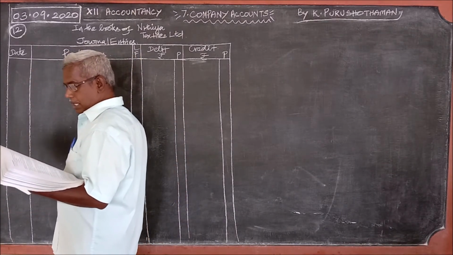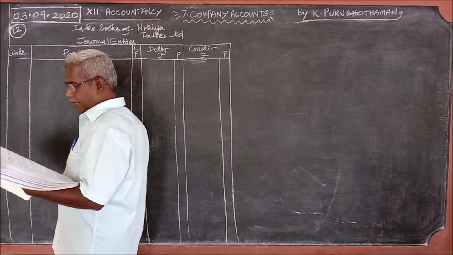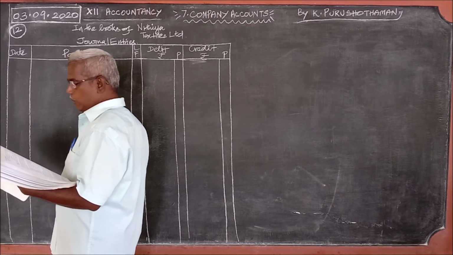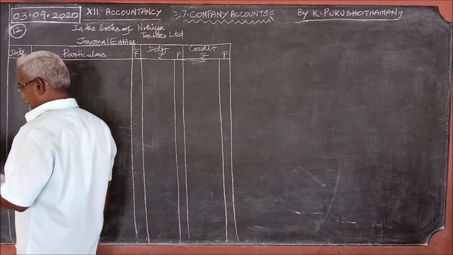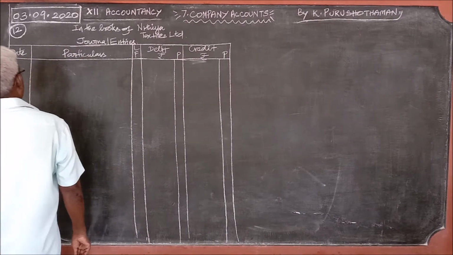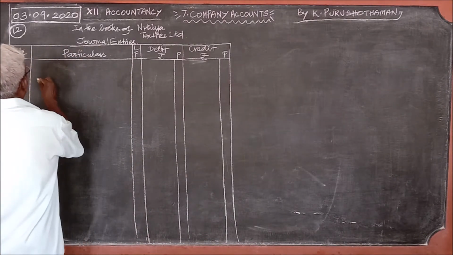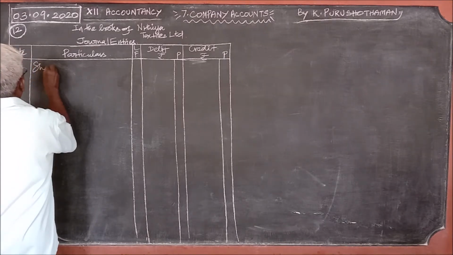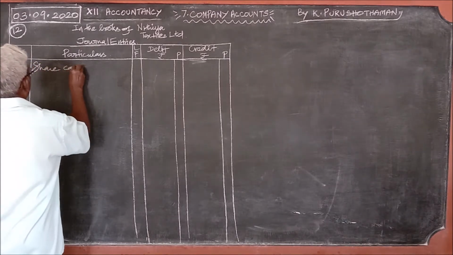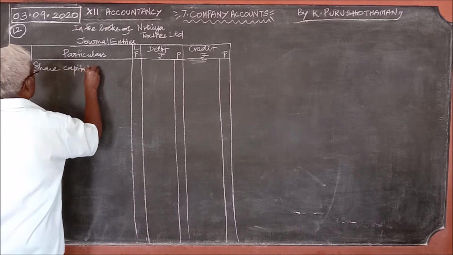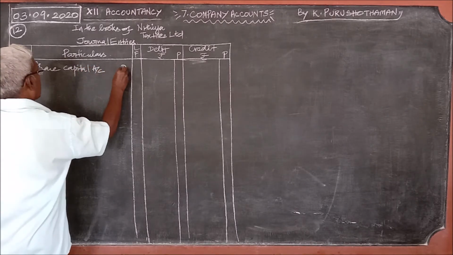Here, the journal entries for forfeiture and reissue. Question number 12: what should be the journal entry for forfeiture? Share capital account, debtor.